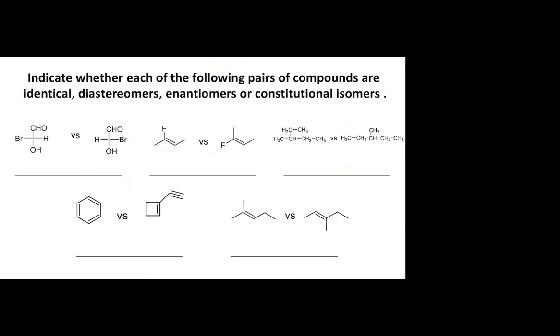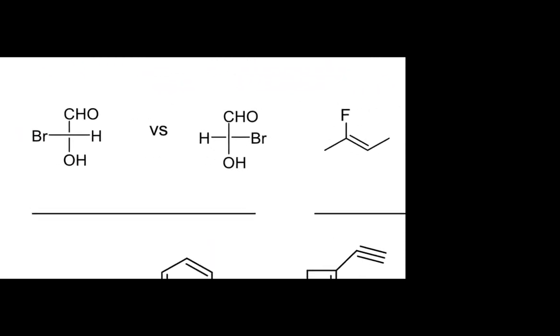So let's work on these 5 problems together so we solidify this concept, okay? So we can see here that this is, again, a Fischer projection. In a Fischer projection, understand that in the intersection, there is a carbon atom.